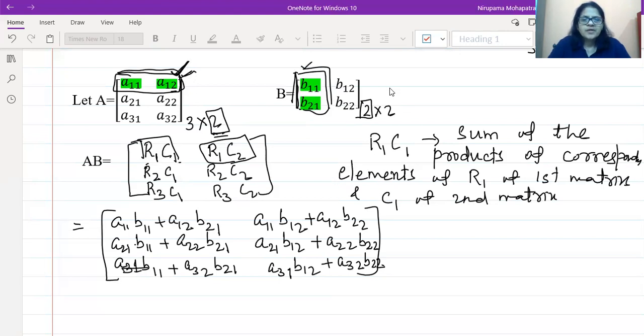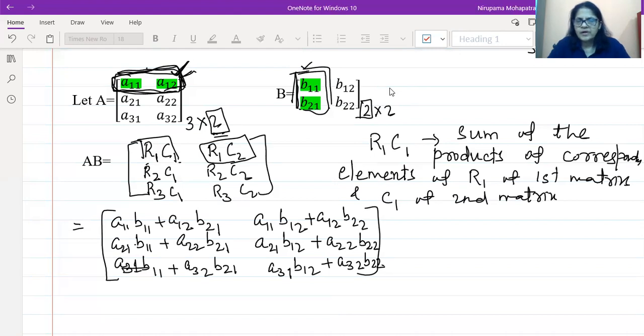So it means in any row of the first matrix, the number of elements should be equal to the number of elements in each column of the second matrix. So if each row of the first matrix contains 2 elements, it means the number of columns is 2 here.